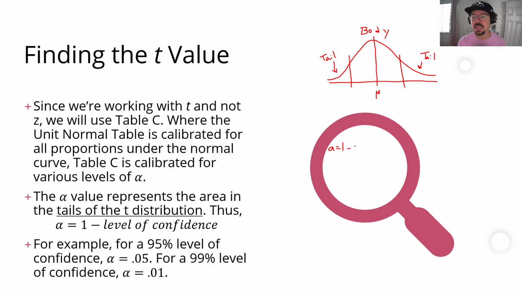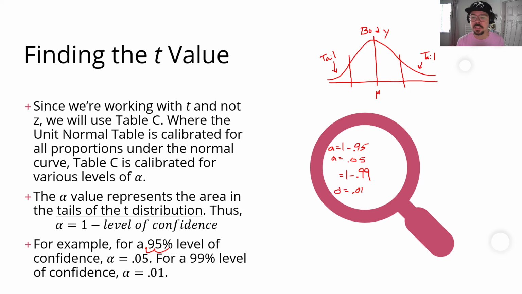What we can say is, let's convert this 95% into a decimal. 1 minus 0.95 will leave us with an alpha level of 0.05. Similarly, we cannot subtract 99% from 1, but we can subtract 1 minus 0.99, which equals 0.01.